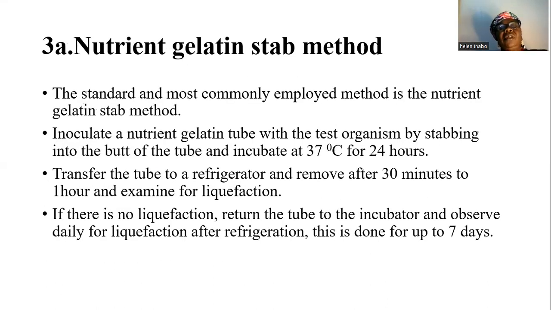There are two types of detecting gelatin hydrolysis. The first one is the nutrient gelatin stab method, which is the standard and most commonly employed method. It involves the inoculation of the nutrient gelatin tube by stabbing the test organism into the butt of the tube, and then the tube is incubated at 37 degrees Celsius for 24 hours.